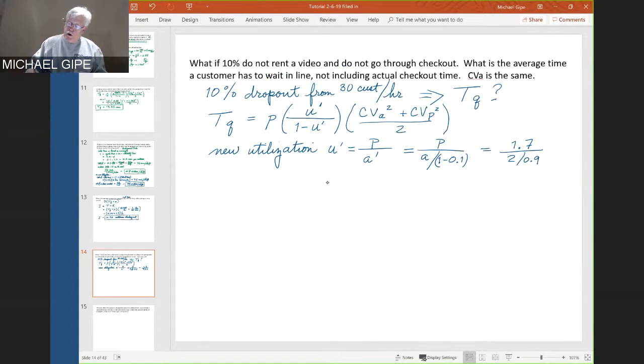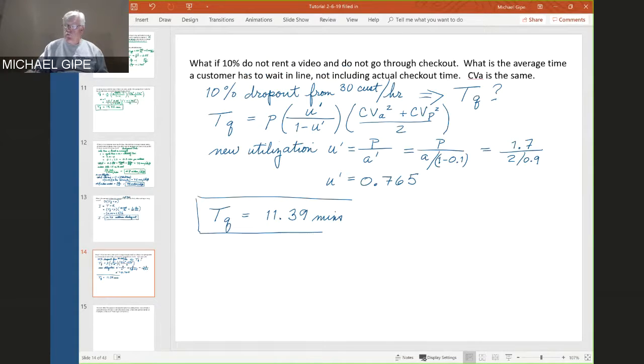And U prime, the new utilization, is only 76.5%. And we can plug that in. So now we have a TQ that works out to, I'm not going to write it all up, 11.39 minutes.